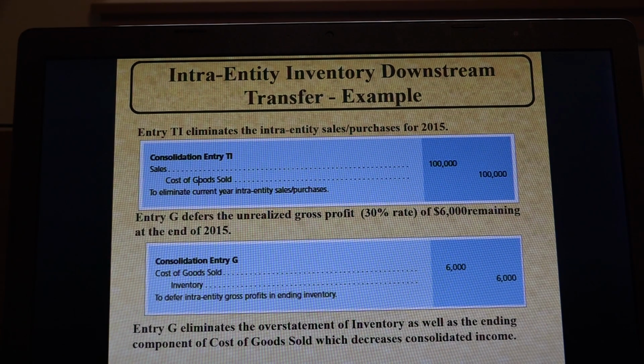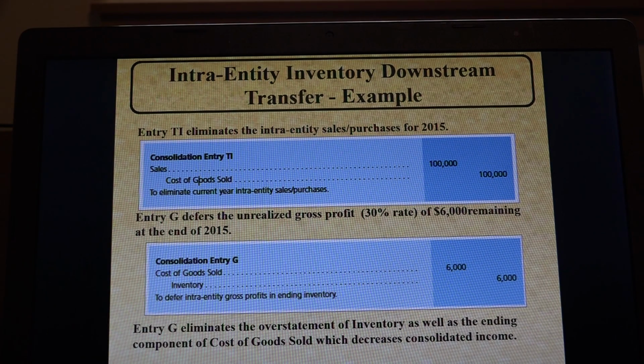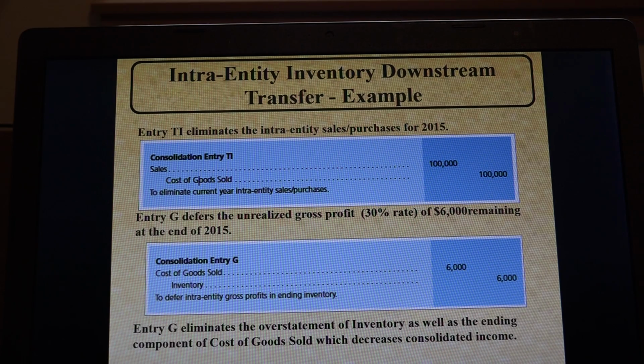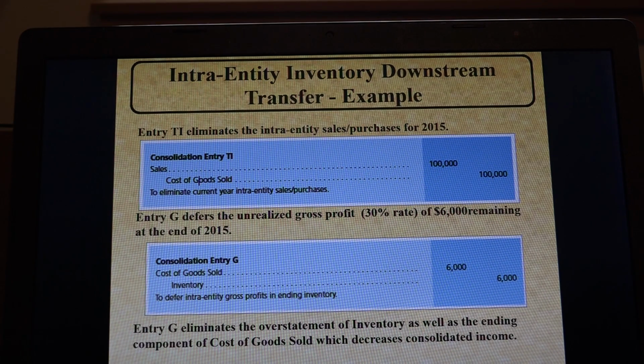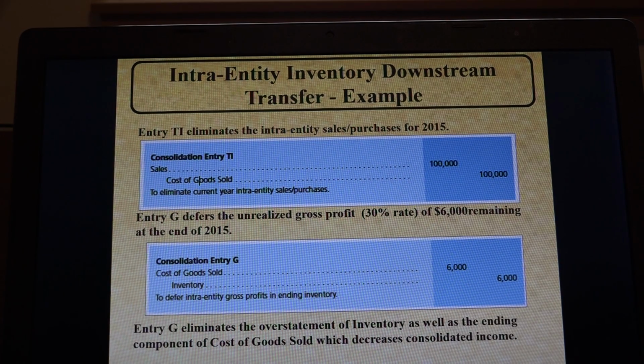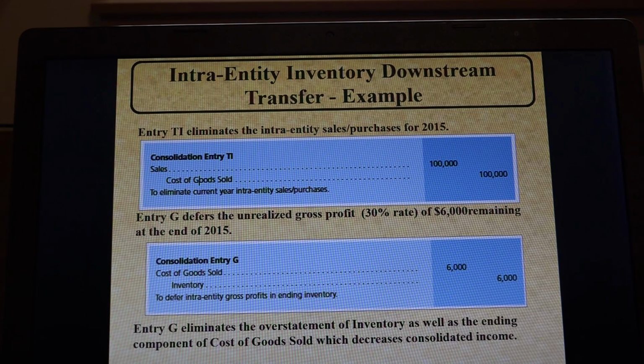And then consolidation entry G is where we're taking the profit out of ending inventory, and we're increasing cost of goods sold, because that gross profit is still sitting in ending inventory.